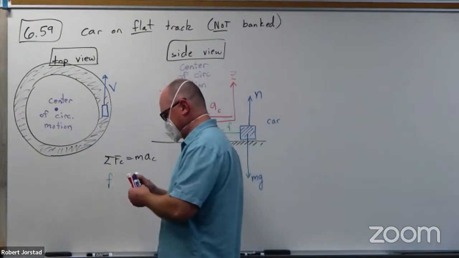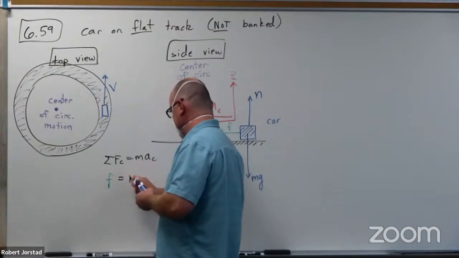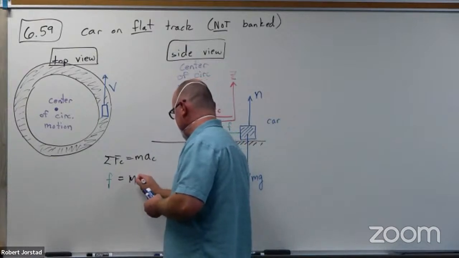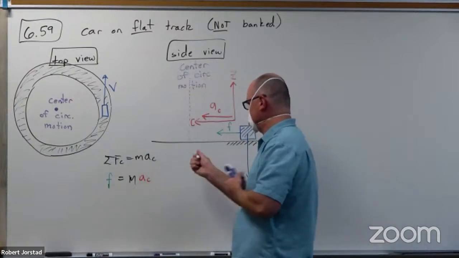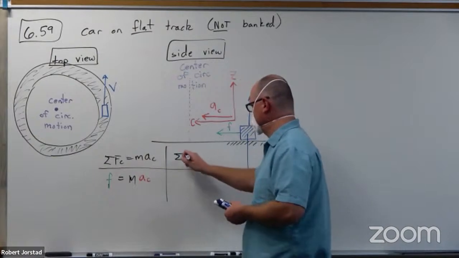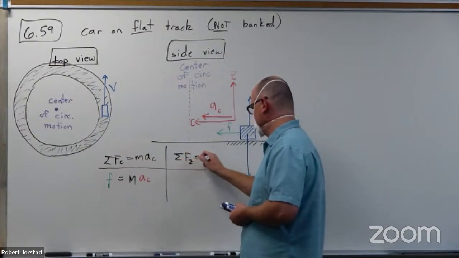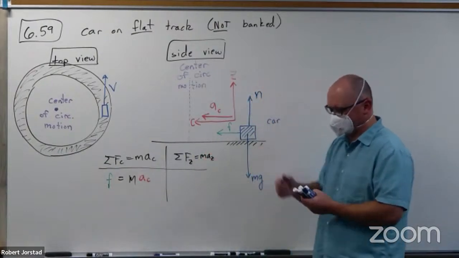Friction equals m a_c. What about the sum of forces in the Z direction? N equals mg. Yeah, ups equal downs because a_z is 0. Outstanding.